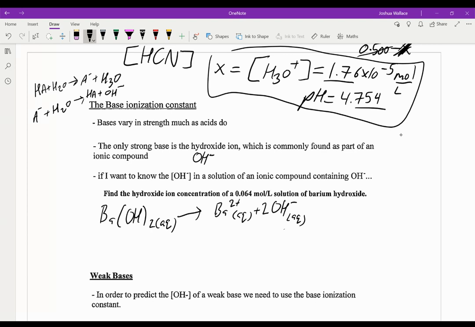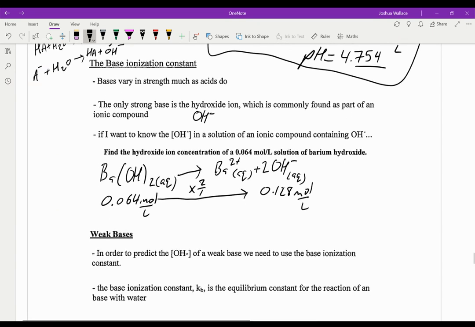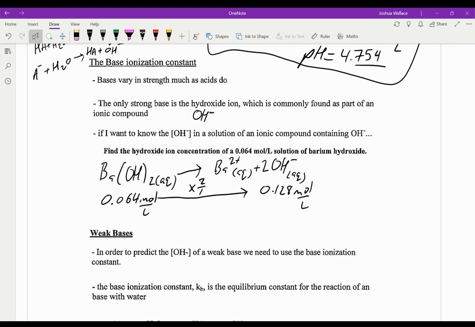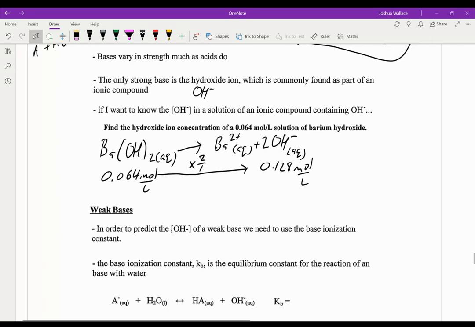Bariums are balanced. We're good to go. My concentration is 0.064 moles per liter, and then I can move that using stoichiometry, multiplied by 2 over 1, and my concentration will be 0.128 moles per liter. All right. So that is just the basics of finding our concentration of hydroxide.